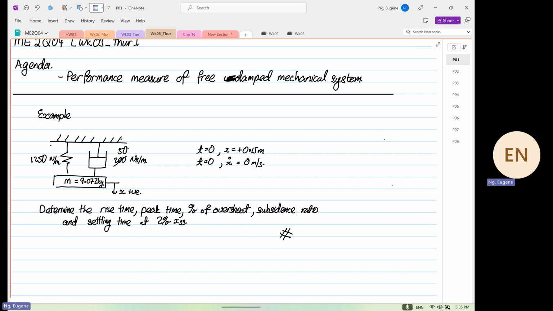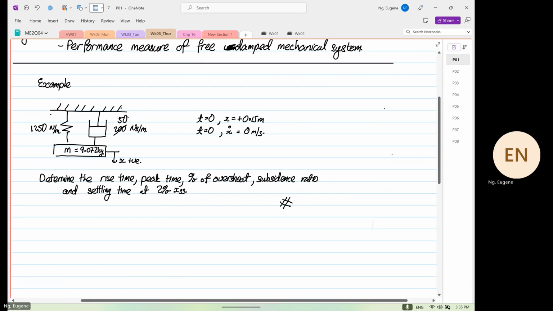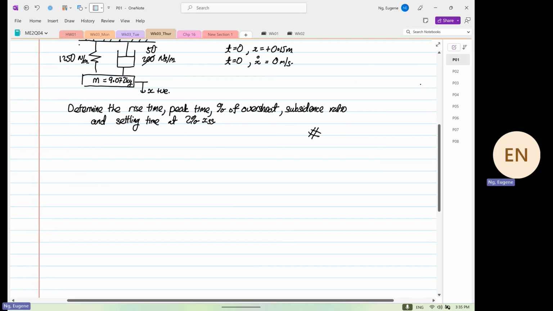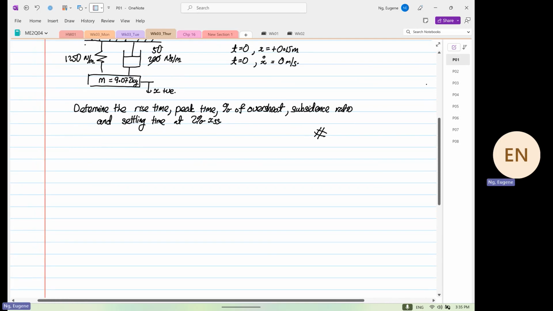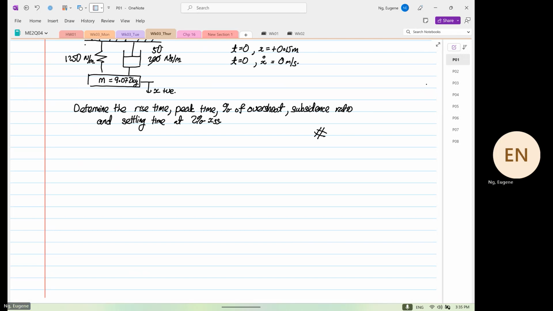So we know in a mechanical system, right? Later on, after deriving, then I'll start doing this question at the same time. So we know that we have a spring mass damper system. I'll write down here a summary.